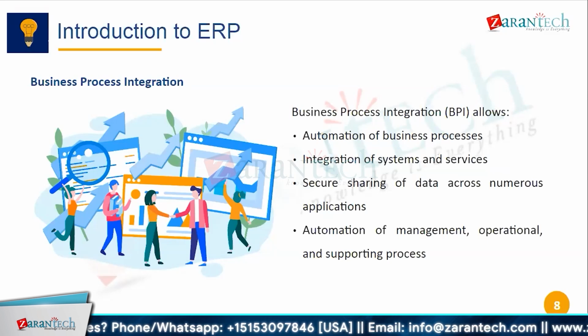Simultaneously, the debtors account will reflect a liability, or payment to be collected. It happens simultaneously in all areas. Integration of systems and services, secure sharing of data across numerous applications, automation of management, operation, and supporting process.